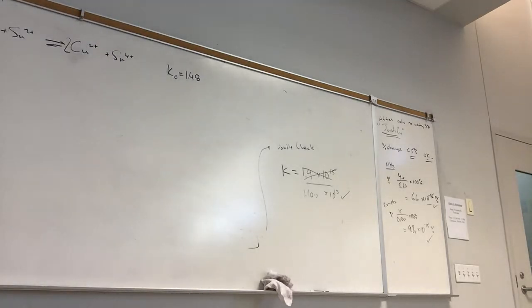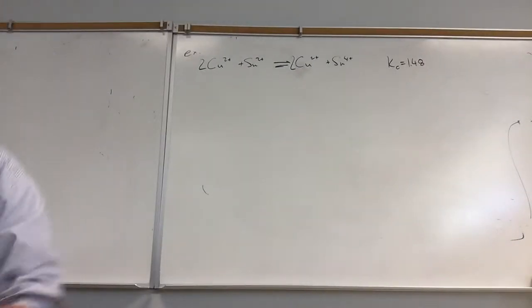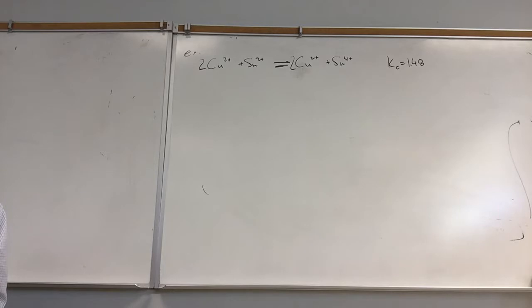If K is 1.48, and let's say I have 100 gallons of water, is it mostly on the right side of this, or is it mostly on the left side, or neither one of those? You look at the K value, how's the water distributed? Well, K is close to 1, which means it's close to a 1-to-1 ratio.